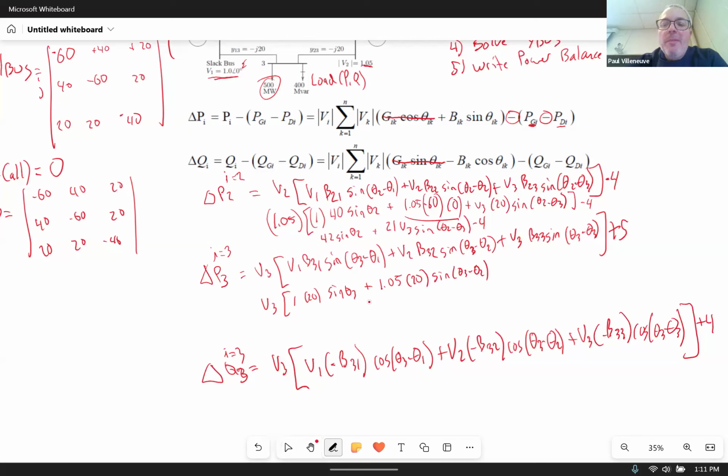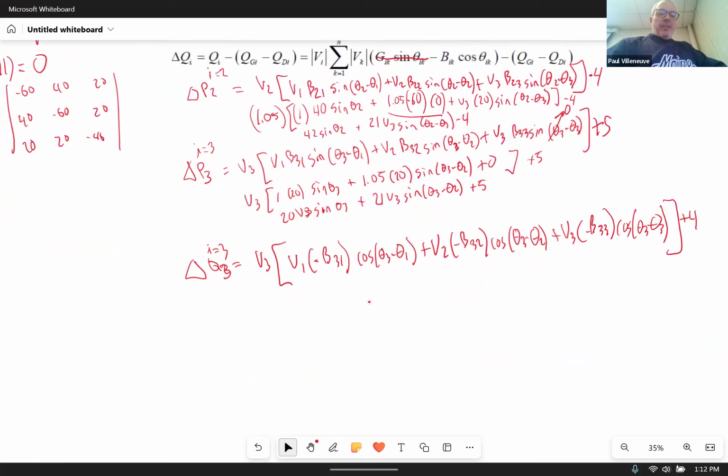And then plus V3, B doesn't matter. This goes to 0, right? So that becomes plus 0. And that goes to 5. So I have 20 V3 sine theta 3 plus 21 V3 sine theta 3 minus theta 2 plus 5 is my second power balance equation.